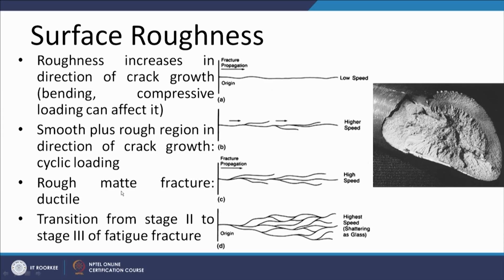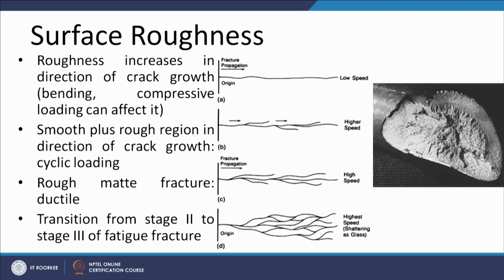A rough matte fracture surface is observed in case of the ductile fracture, while the transition from the second stage to the third stage is accompanied in case of the fatigue fracture with a lot of change in the roughness.